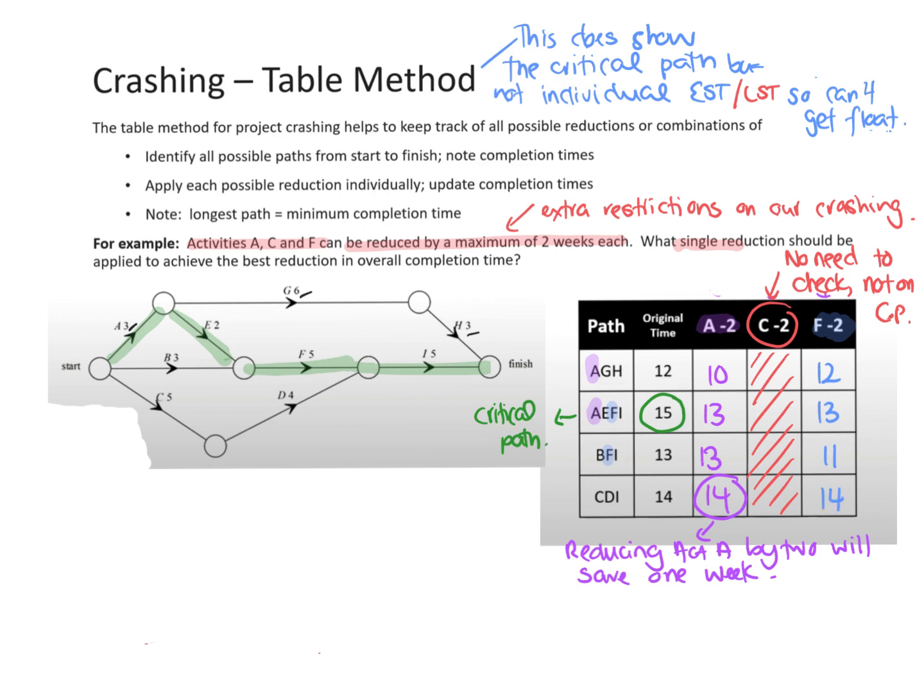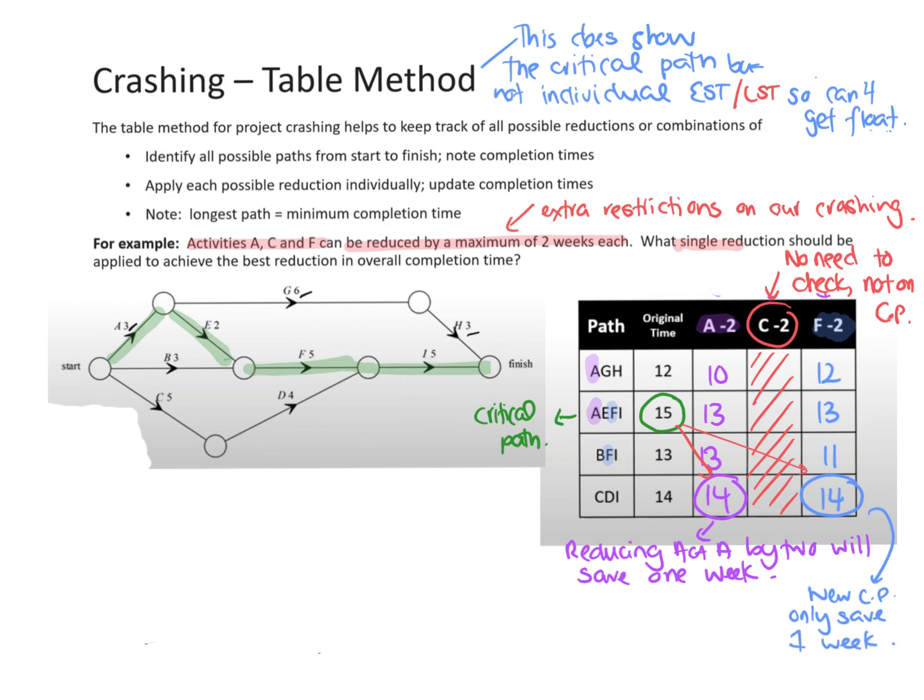So what's the new critical path? 14. So for that one, you'd only save 1 week, because we went from 15 to 14 on that option, and then this one went from 15 to 14. So we'd only save 1 week.